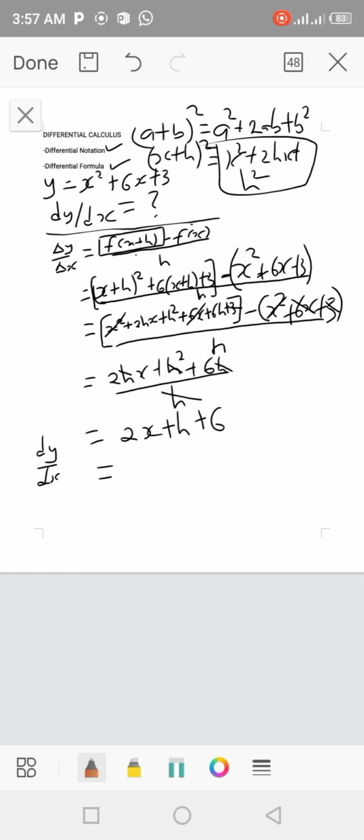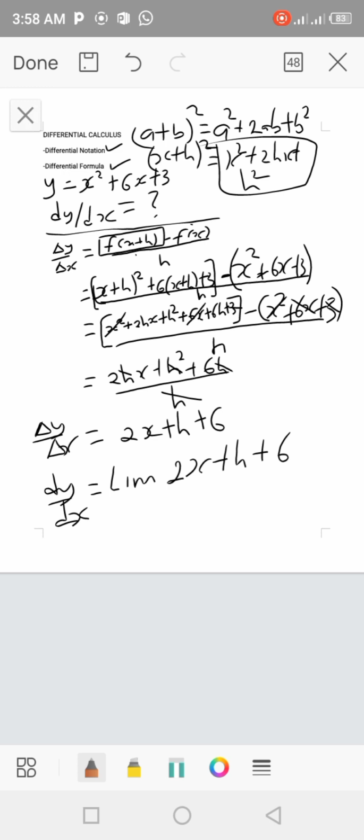Now, be reminded that since morning, what you have been finding is the slope, which is change in y over change in x. Now you want to find dy/dx, which is the limit of change in y over change in x, which is 2x plus h plus 6, as h tends to 0.